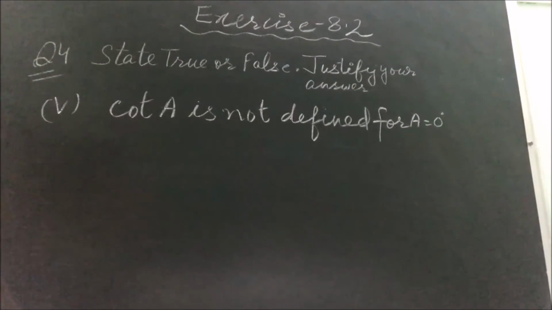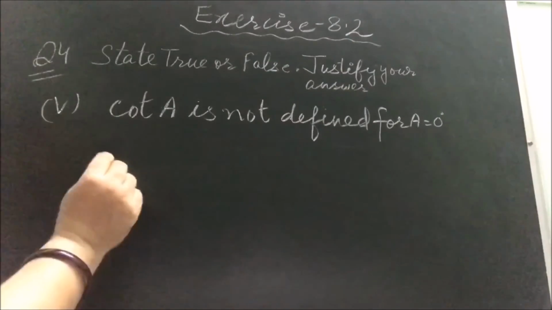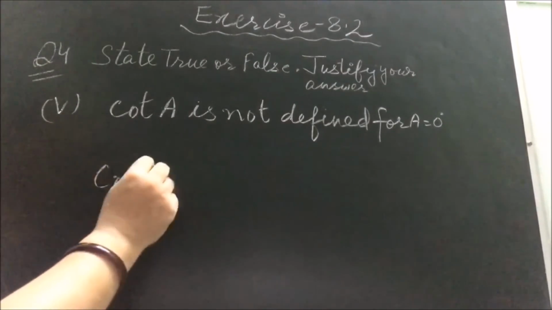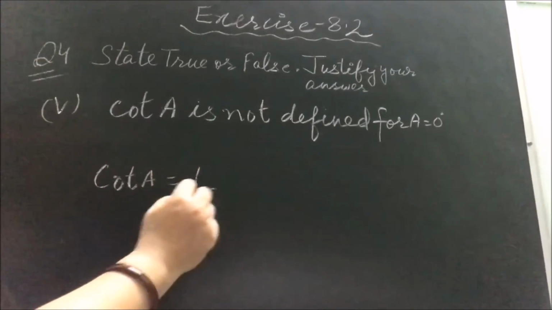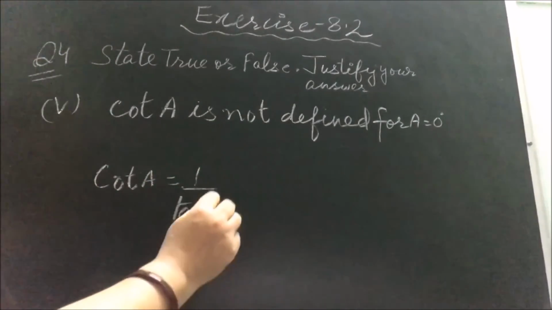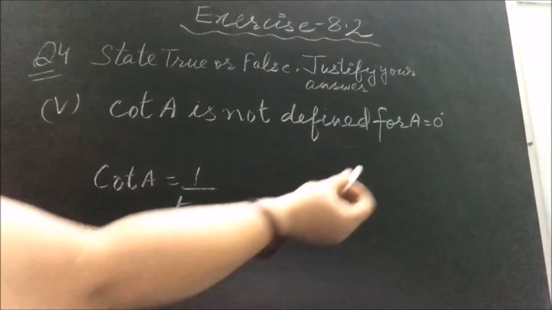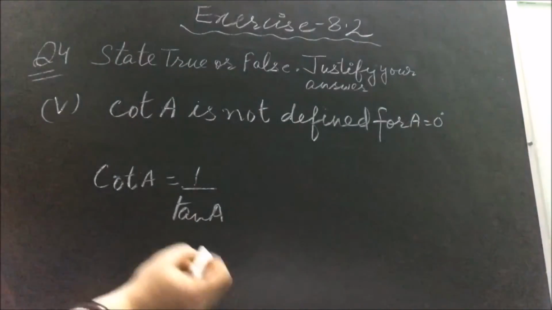Question number 4, fifth part, exercise 8.2. Cot A is not defined for A equal to 0. Is this statement true or false? Let's check. Cot A is reciprocal of tan A, right? And we have to check for A equal to 0.